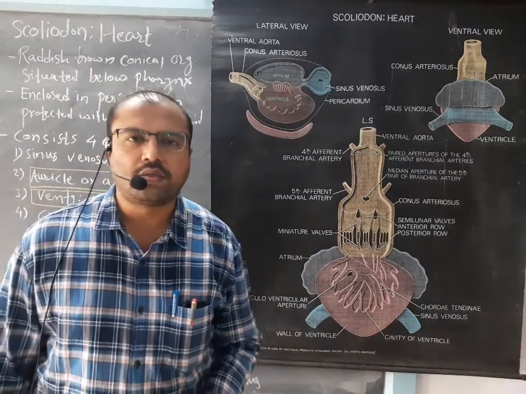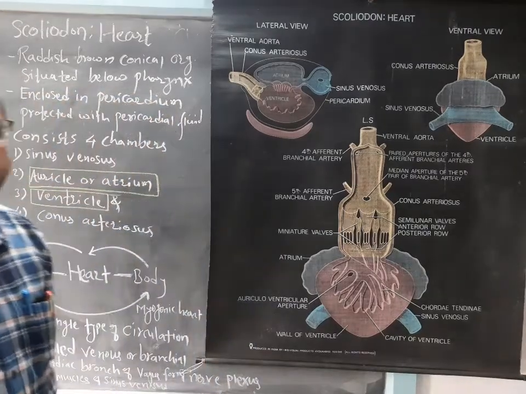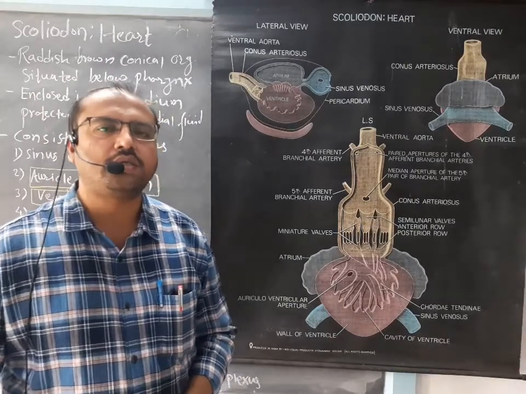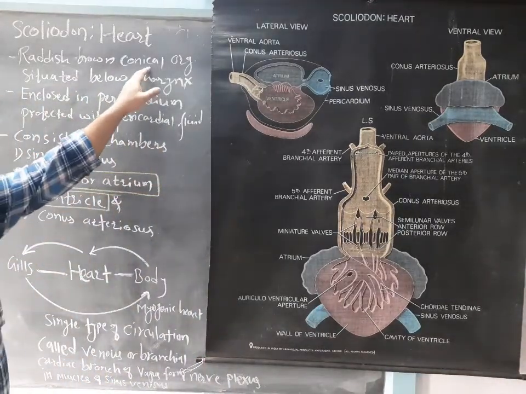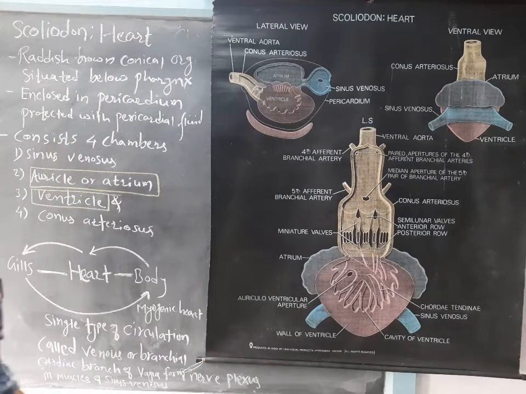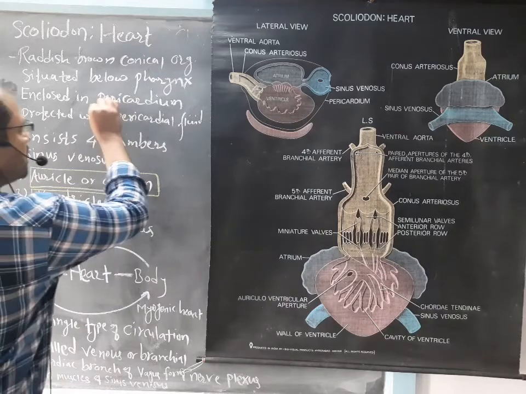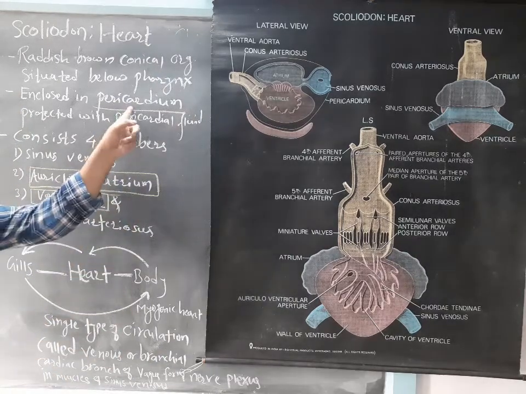If we see the structure of the heart of Scoliodon, it generally shows that the heart is reddish brown in color and it is a conical organ situated below the pharynx, enclosed in a special cavity which is present in these vertebrates, that is the pericardium.